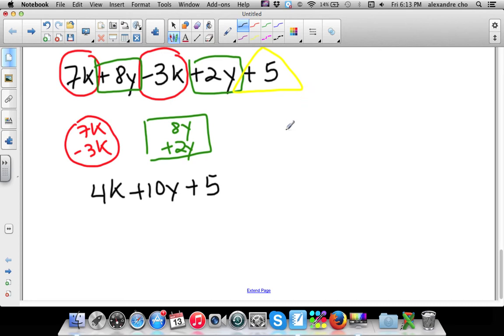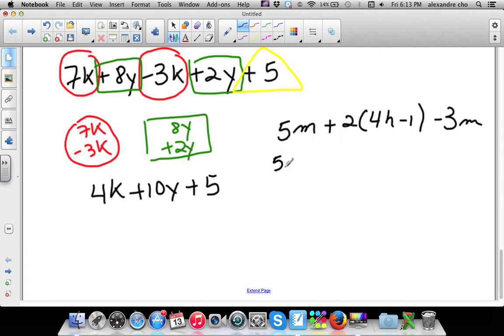Okay, following expression, 5m plus 2 times (4h minus 1) minus 3m. You cannot, and I repeat, you cannot start combining these until you get rid of the parentheses here. And the one way to get rid of the parentheses is to do the distributive property. So let's do that.